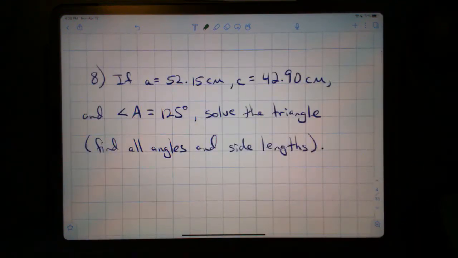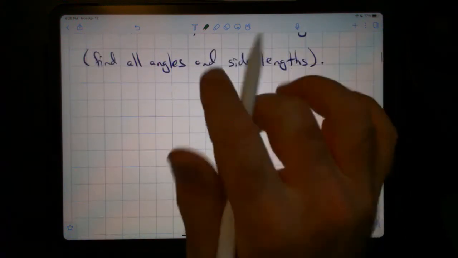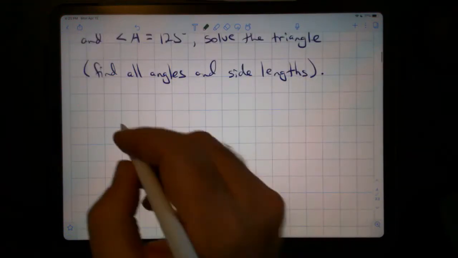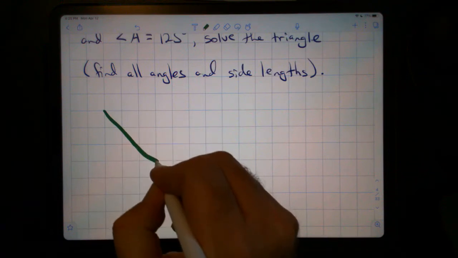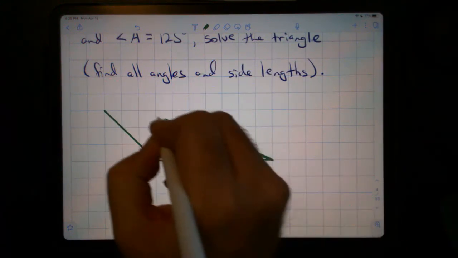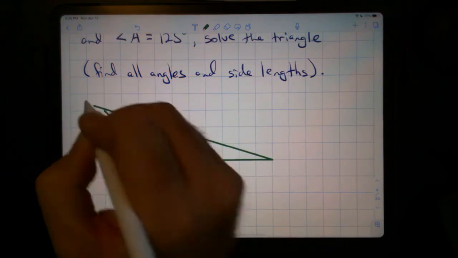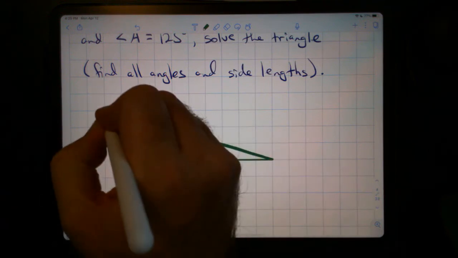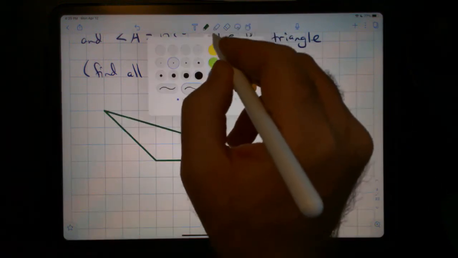If a is 52.15 centimeters, c is 42.9, and angle A is 125, solve the triangle. Find all angles and side lengths. Okay. Again, this is just a free-handed drawing, not meant to be to scale, but I do have an obtuse angle here.